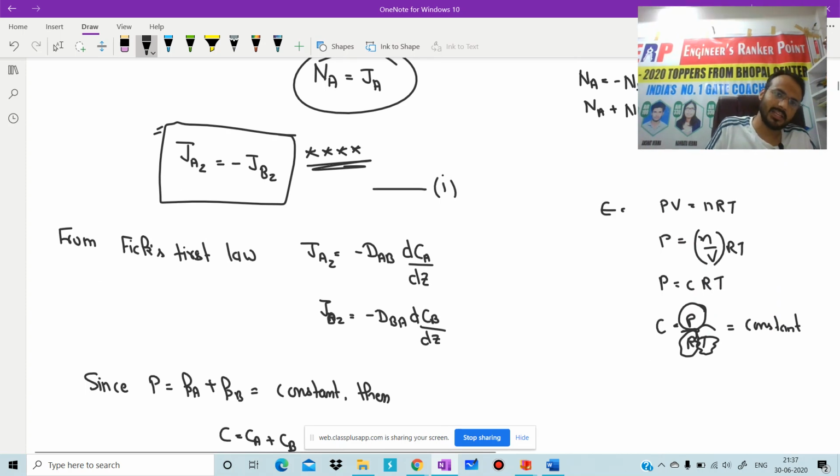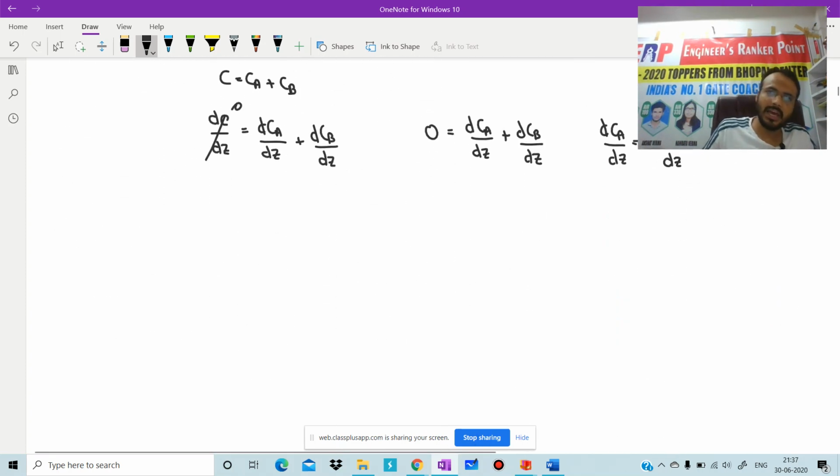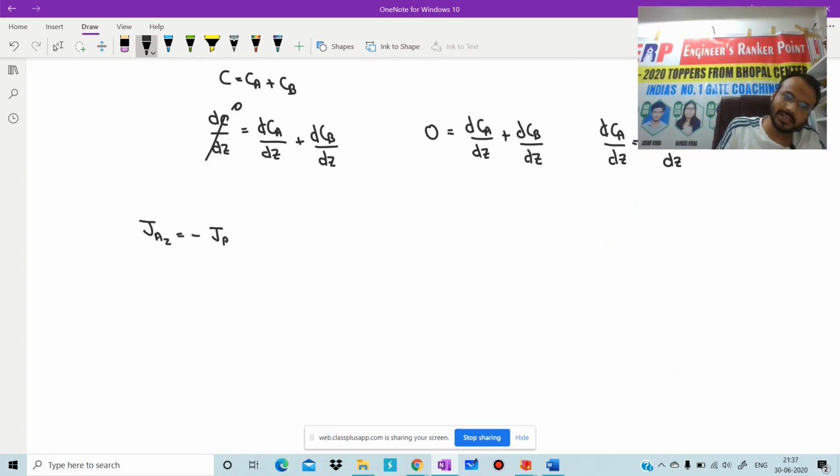Give the name first equation. Then what can we write? JAZ is equal to minus of JBZ, or simply we can write minus of DAB dCA by dZ is equal to minus of minus DBA dCB by dZ.